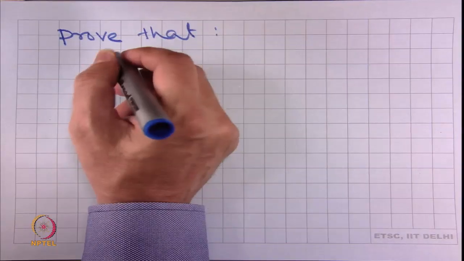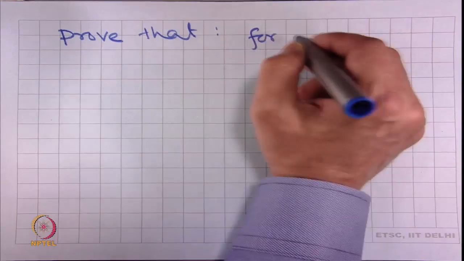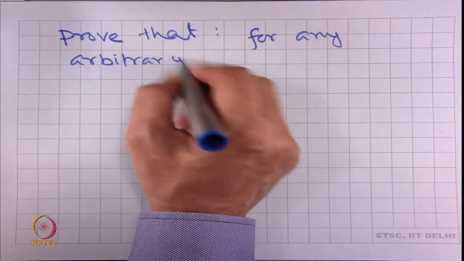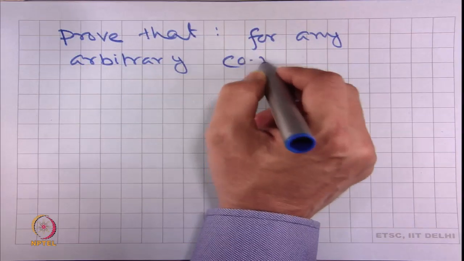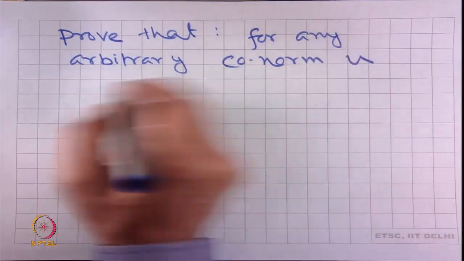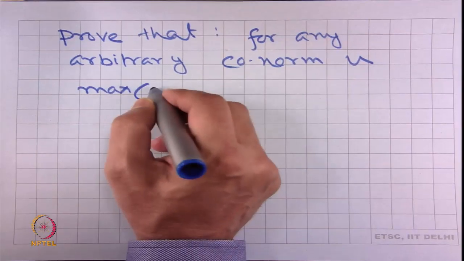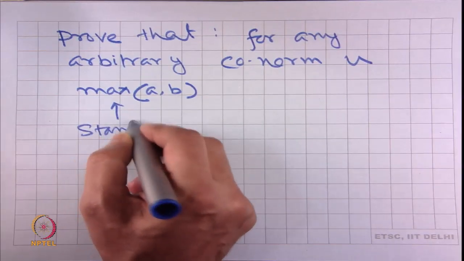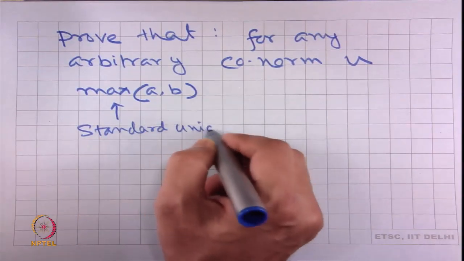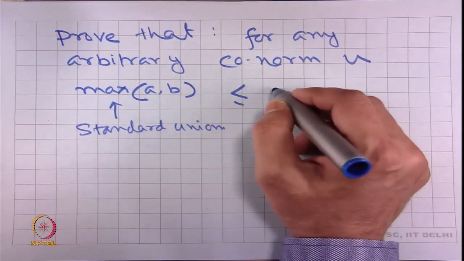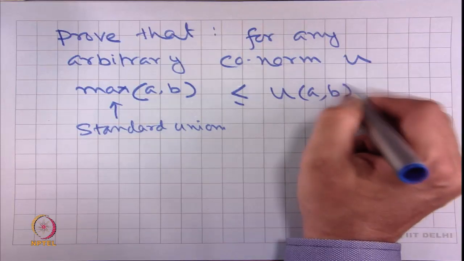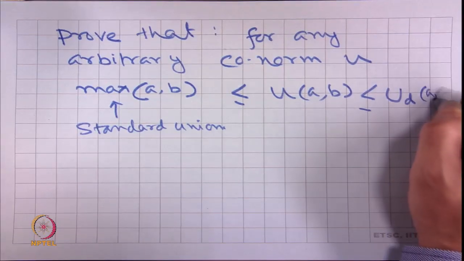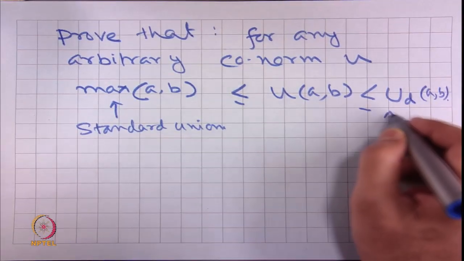Again, one result that I want you to prove is this: prove that for any arbitrary conorm U, max A comma B, that is the standard union, is less than equal to U, which is less than equal to the drastic union.